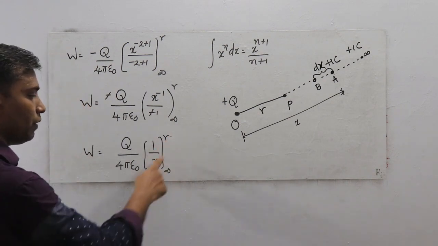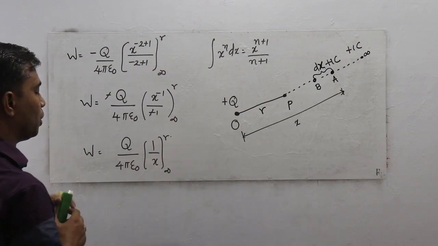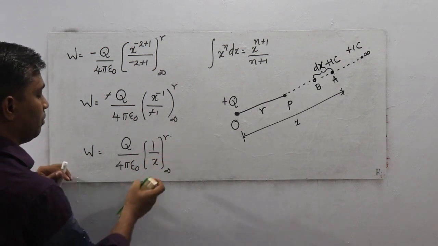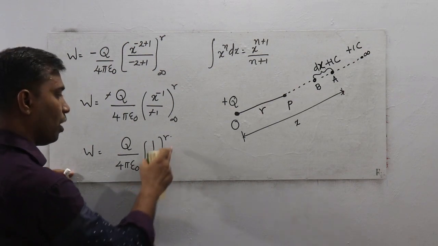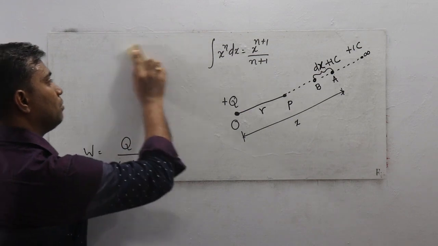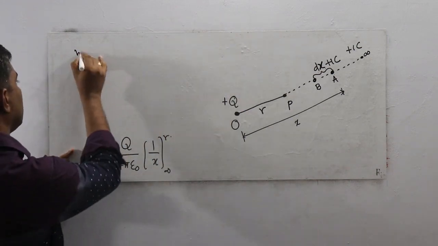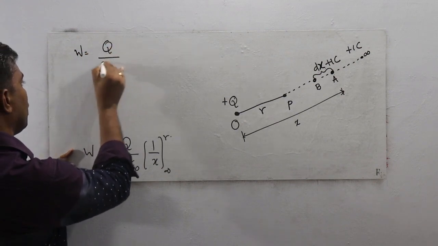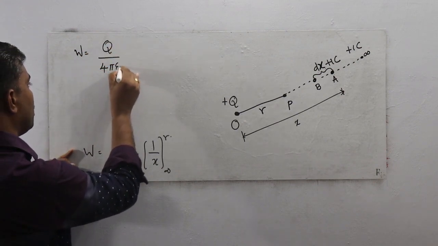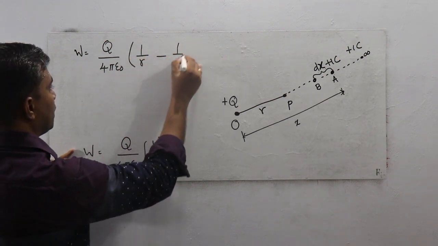Then we are going to give the limits to this variable, infinity to r. Upper limit, then lower limit. So we get the work done is equal to Q divided by 4πε0. What is the upper limit? 1 by r minus 1 by infinity.